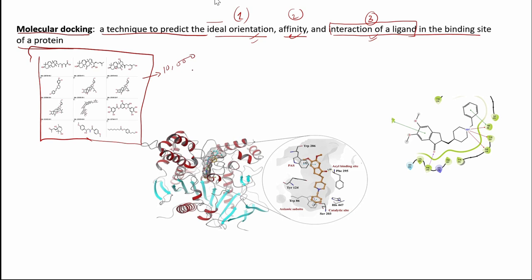Docking in a sense, we are going to see how it fits inside the active site pocket and how it orients, if it can orient similarly with the drug molecule or the reference molecule present there, or if it has the same binding affinity or less or more binding affinity than the drug molecule.